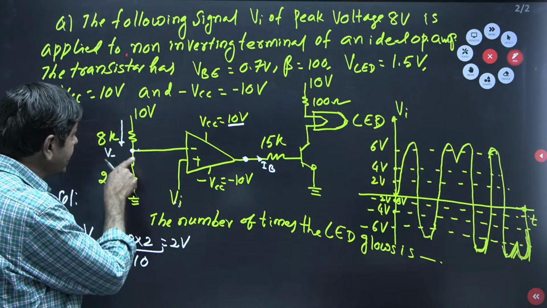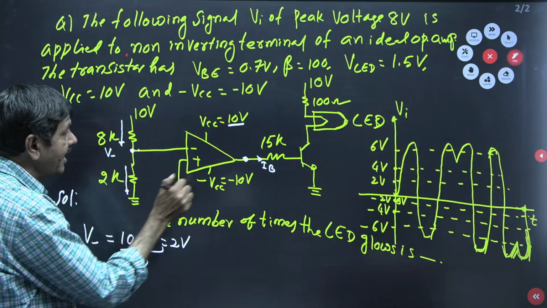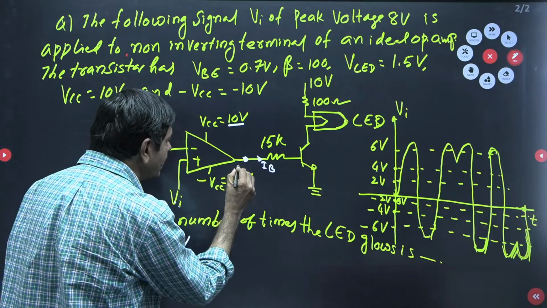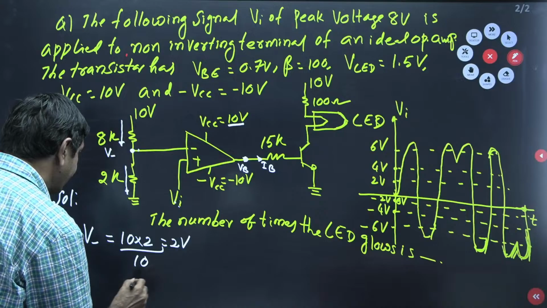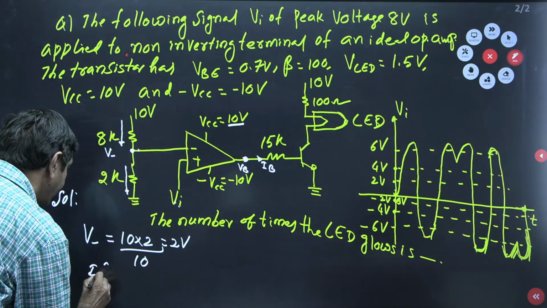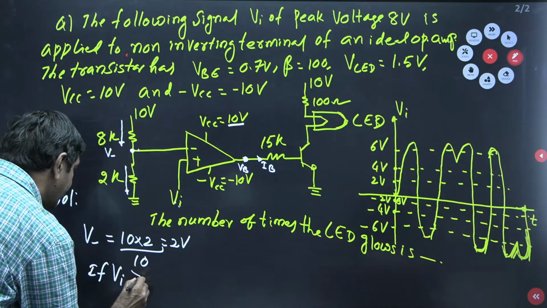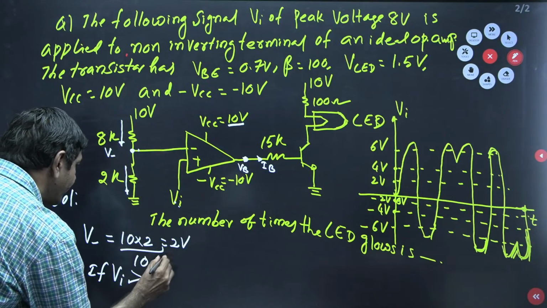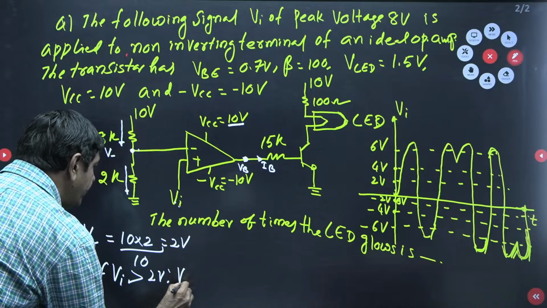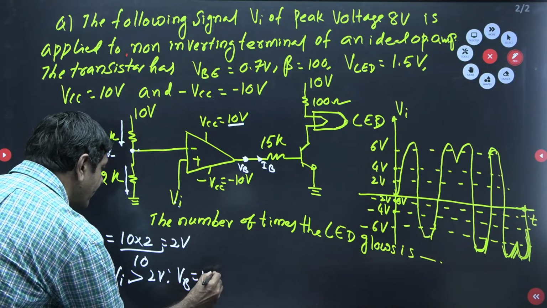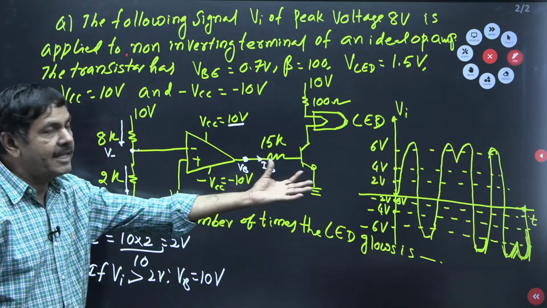When Vi is greater than 2 volts, I will get the base voltage VB equal to 10 volts. If it is 10 volts, the transistor is on.